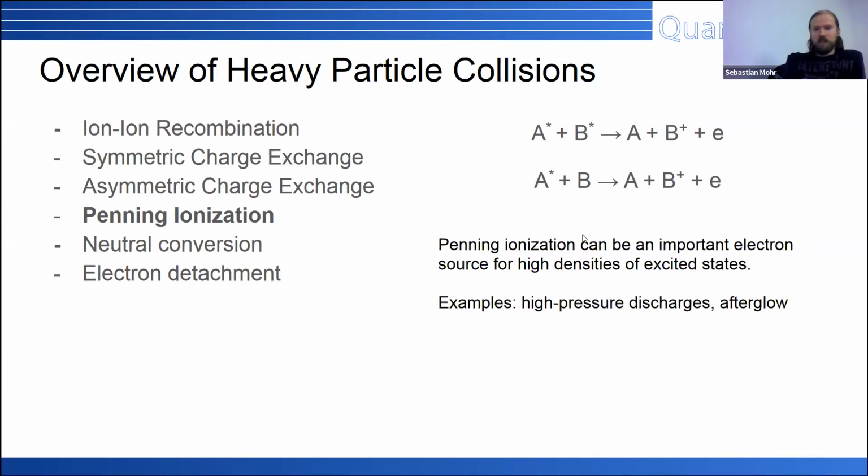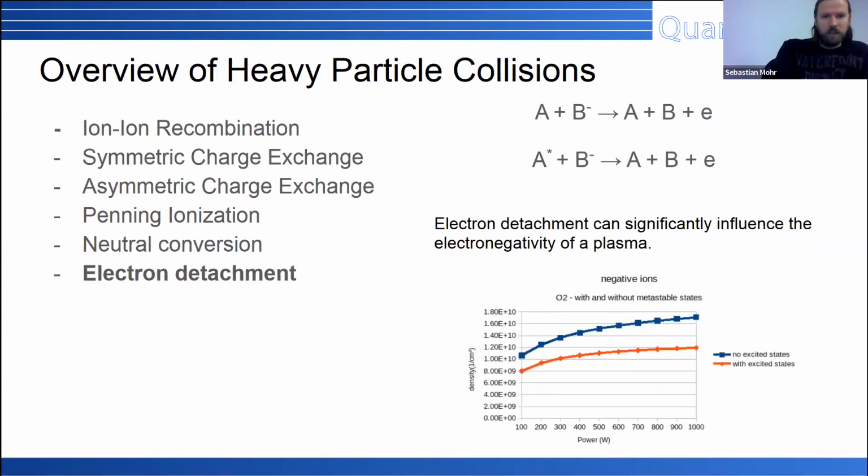However, these reactions are usually only important if you actually achieve high densities of excited states, which can, for example, be at high pressures or in the afterglow. So this is one of the reactions where you should check if it is actually important for a given set of parameters.